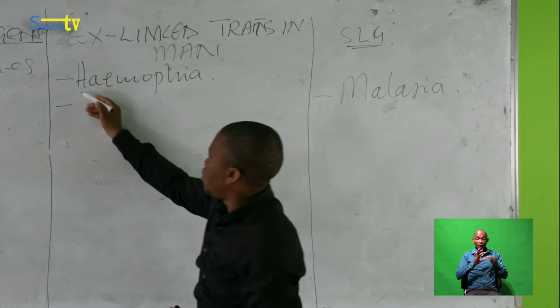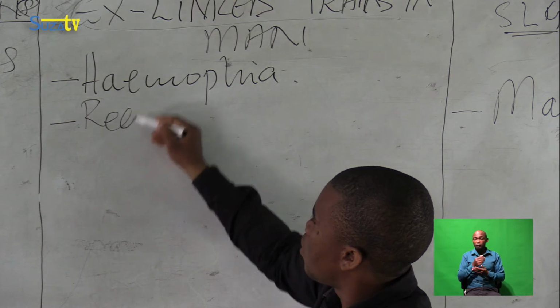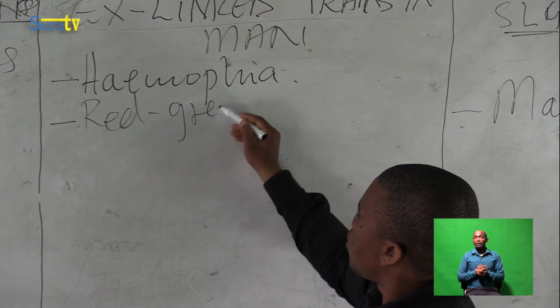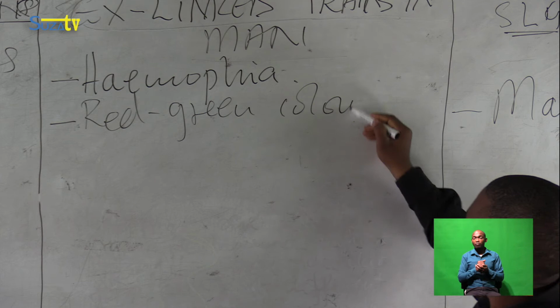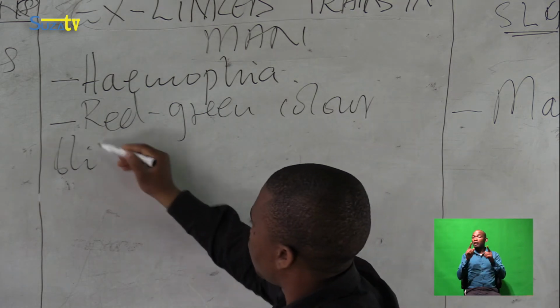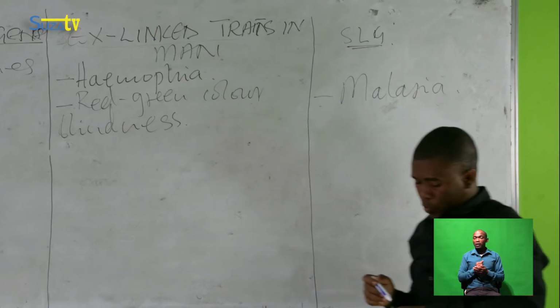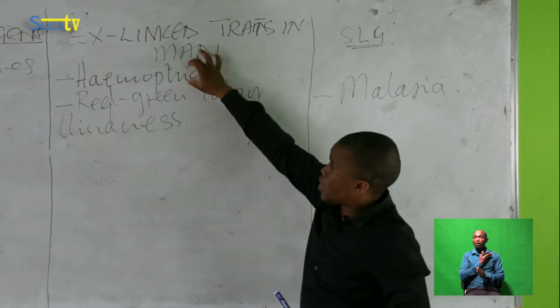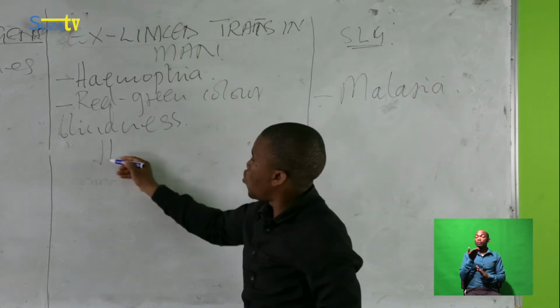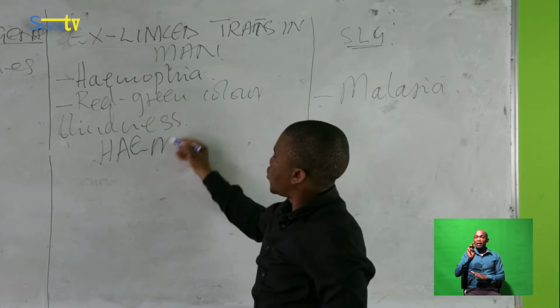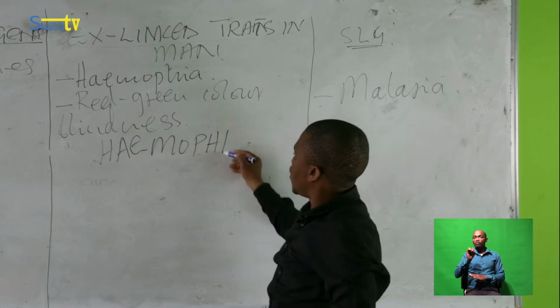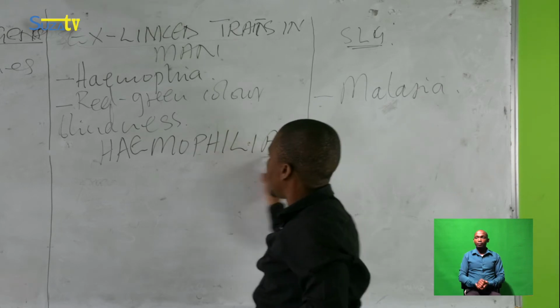She said red-green color blindness. Good. Thank you a lot. So, let us start with hemophilia.